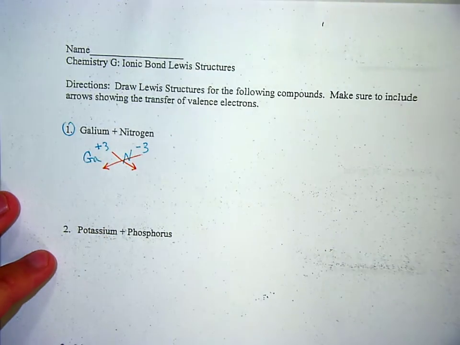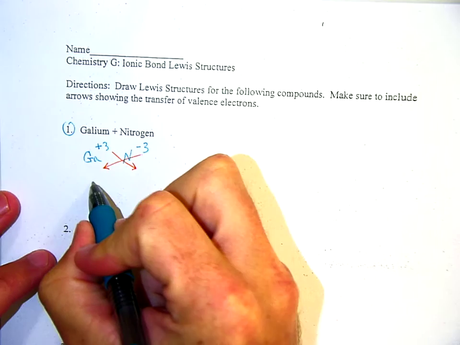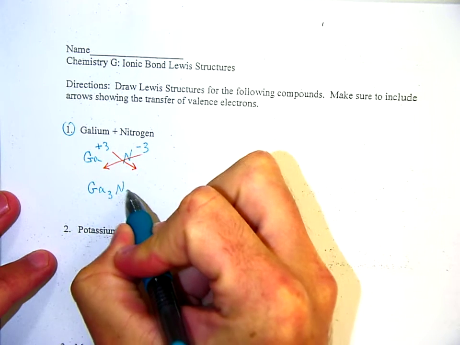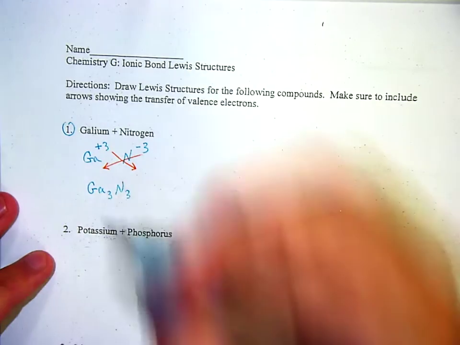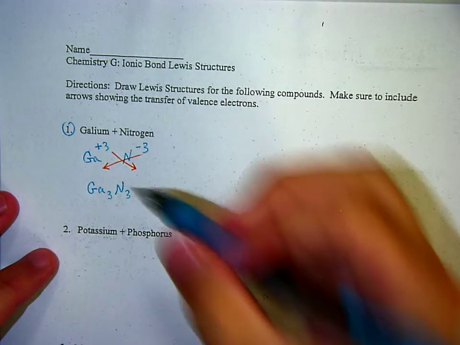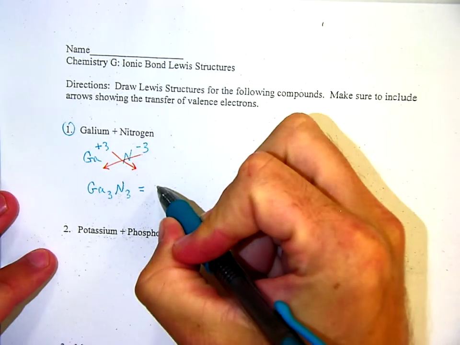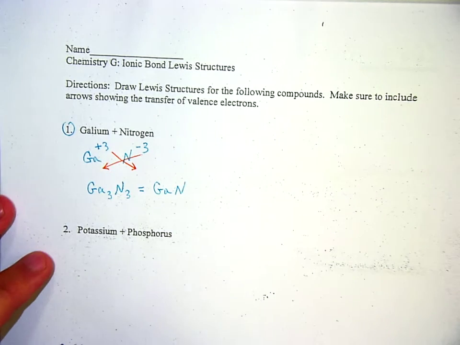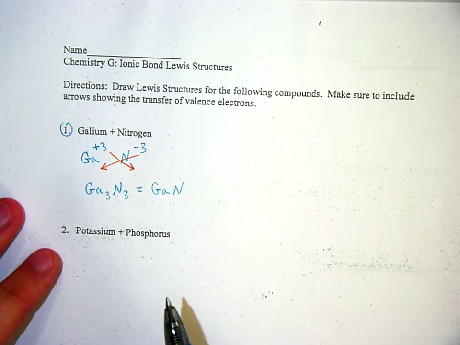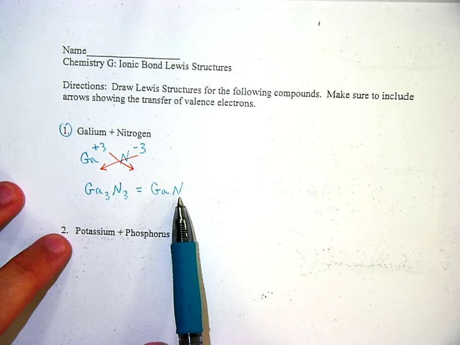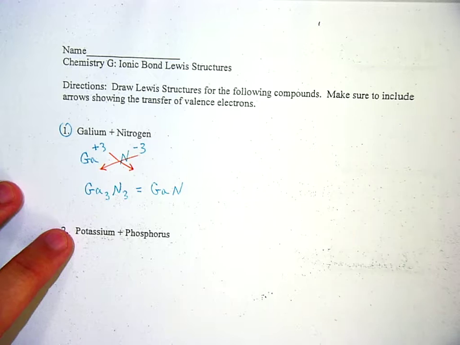So our new formula should read Ga3N3. Now, because these subscripts are matching, you can actually reduce that down to GaN. What that means is we are going to just draw one atom of gallium and one atom of nitrogen, but we have to now include their valence electron numbers.